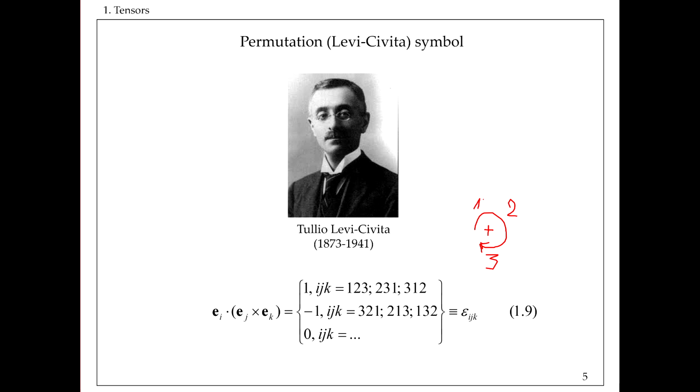Whether we start from 1, 2, 3, or from 2, 2, 3, 1, or from 3, 3, 1, 2, the result in this combination will be 1. However, if we go in the opposite direction, let me sketch it with the same numbers, then as a result we'll have a negative.